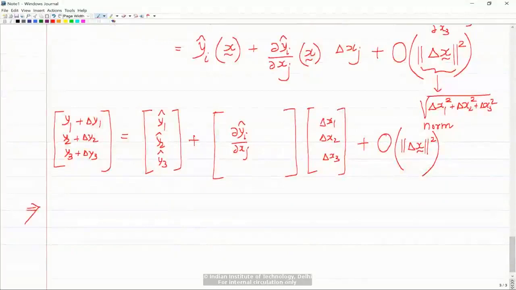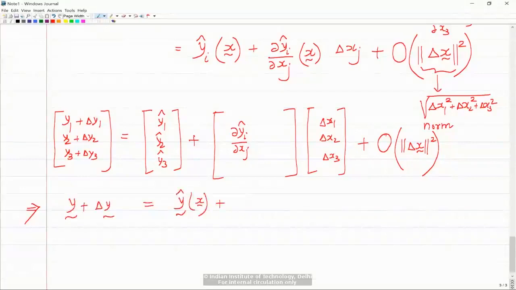Now do you see that? You can also write it as, if I want to switch back to tensor. See, this is the component form, but if you allow me to switch back to tensor, can I write it as y plus delta y? That's equal to this function y hat of x plus, you see what is this?